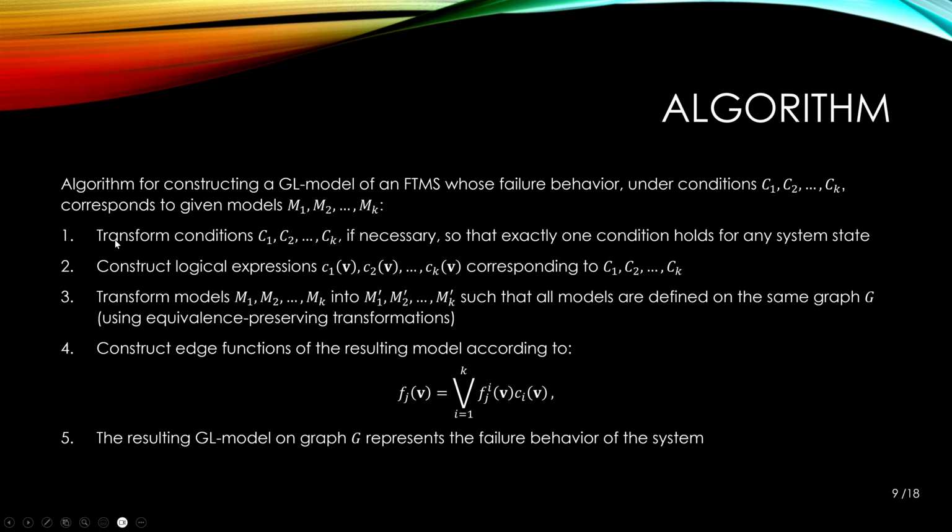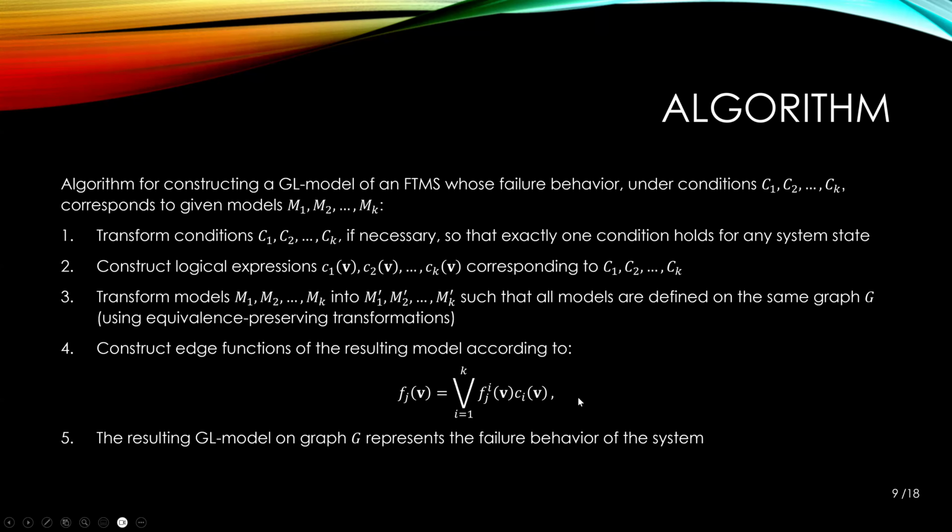So first, if it's necessary, the conditions are transformed so that exactly one condition holds for any system state. And then the corresponding Boolean expressions for each condition are constructed. These expressions are based on system state vector values.